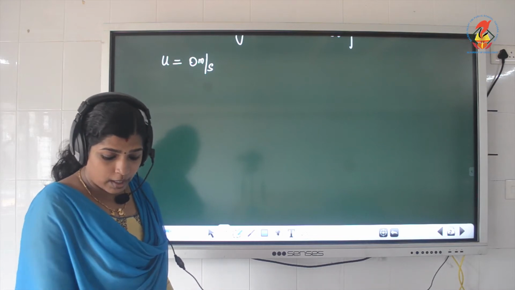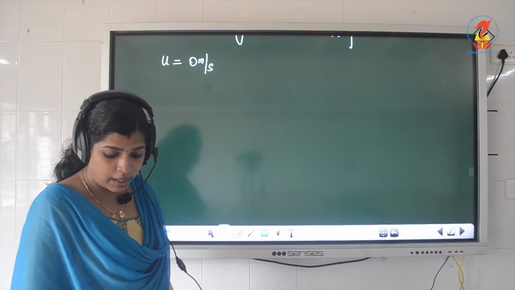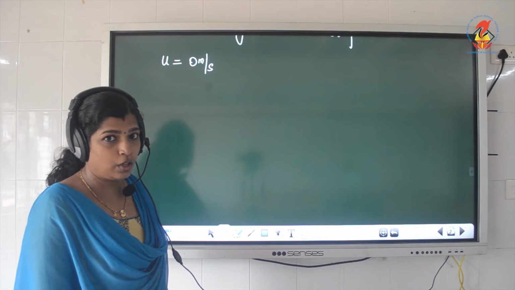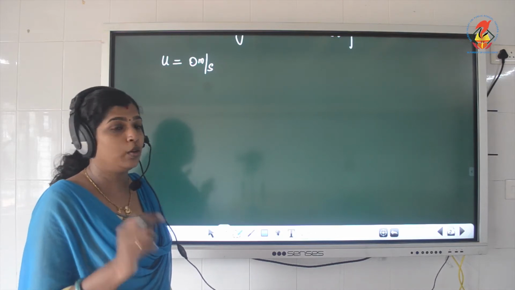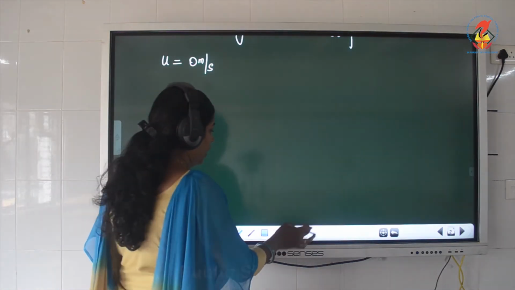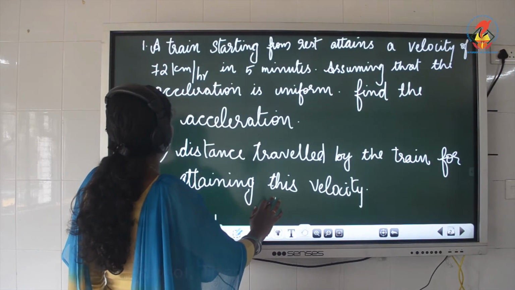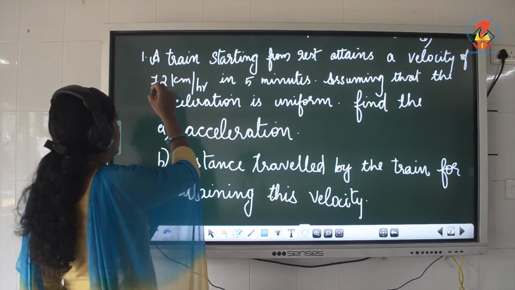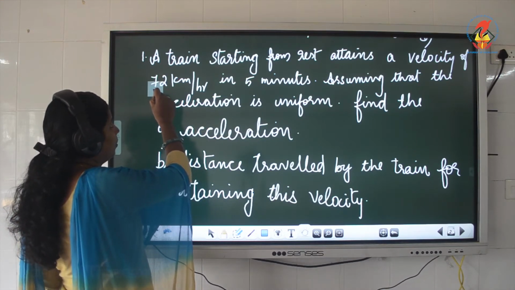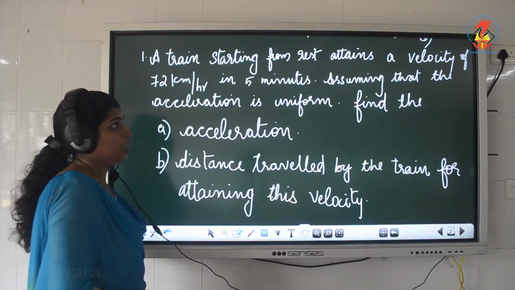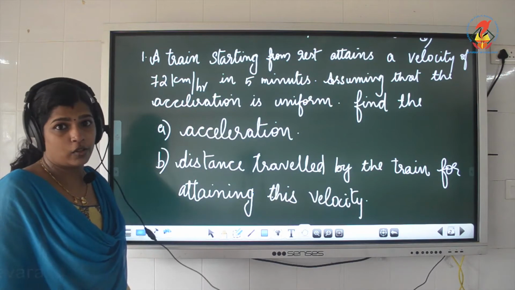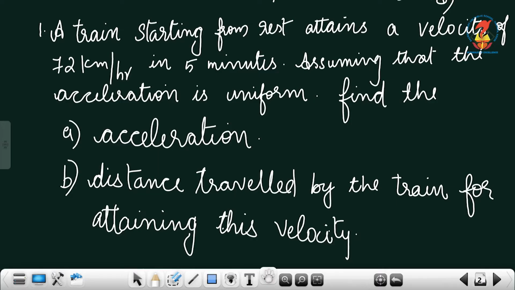Now, a train starting from rest attains a velocity of 72 km per hour. So that is the final velocity, 72 km per hour.